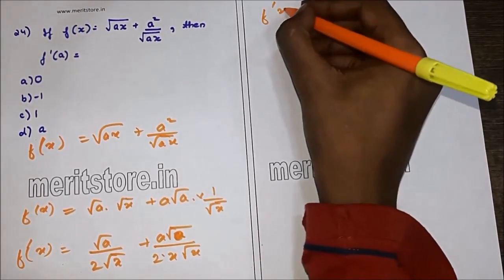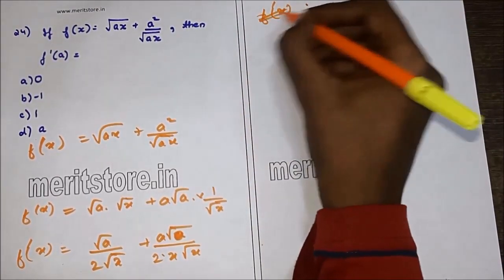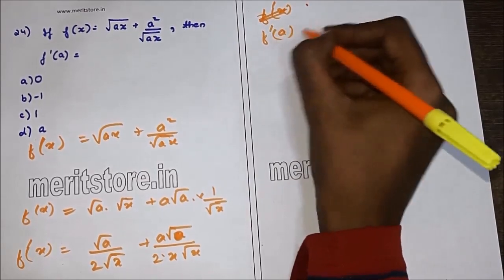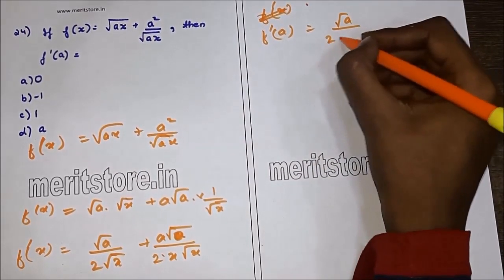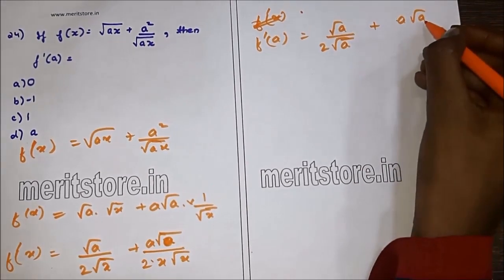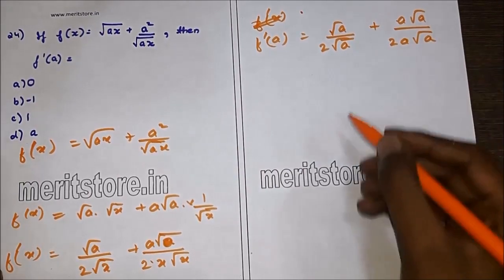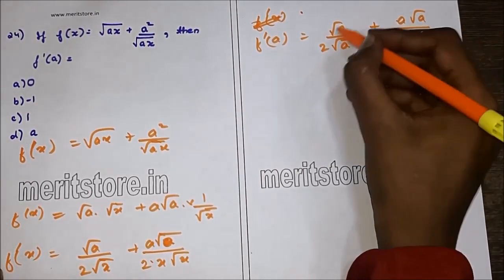So f dash of x is, now we put x equals a. So that is f dash of a is root of a upon 2 root a plus a root a upon 2 into a into root a.